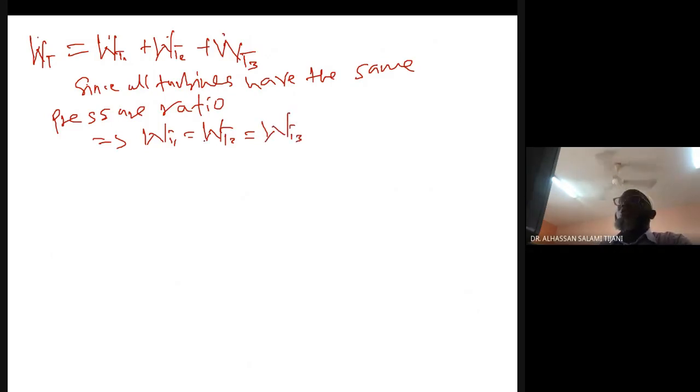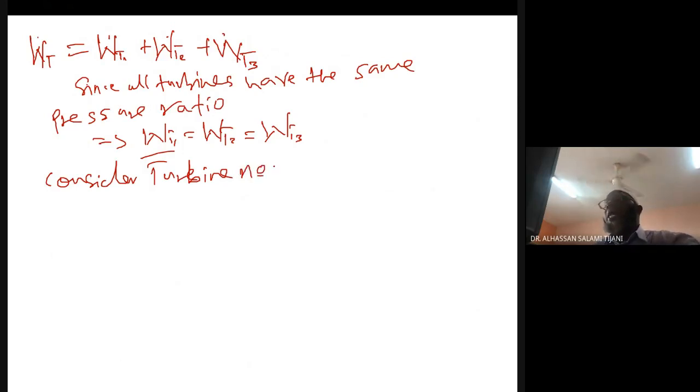All right, so if you calculate for 1, then you just multiply by 3, and that gives you the total turbine work output. Okay, so let's consider turbine number 1. That's the high pressure turbine.